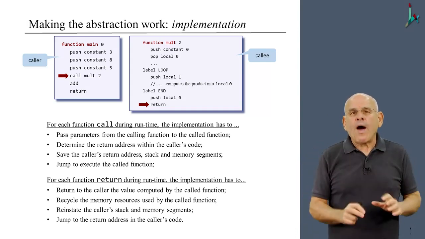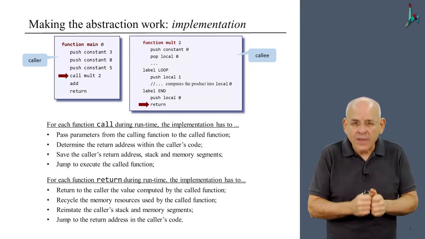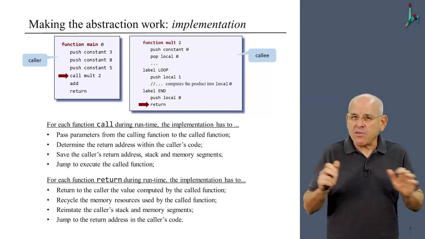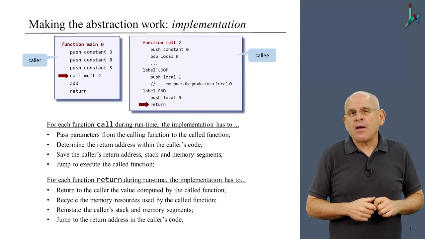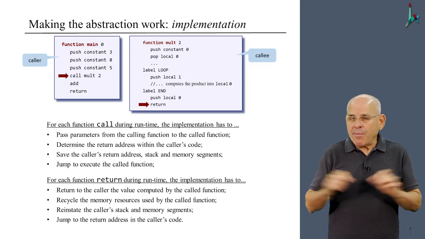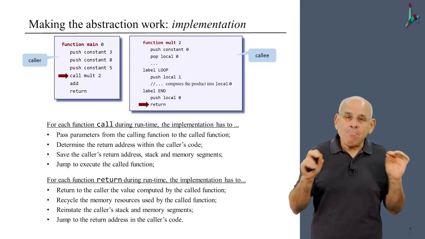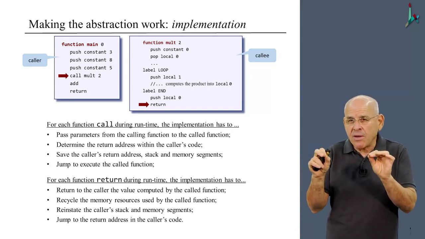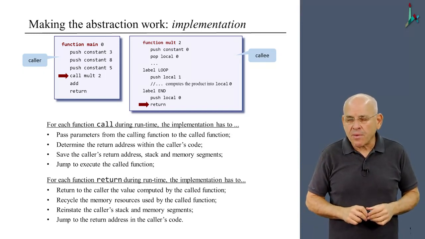It is required that the callee, the called function, always pushes a value before it returns. This is part of the rules of our game. Before you make a return, you must push a value onto the stack, and this is a return value. So the implementation knows that the topmost value on the stack must be the return value. So it knows that it has to somehow transport this value back to the caller.